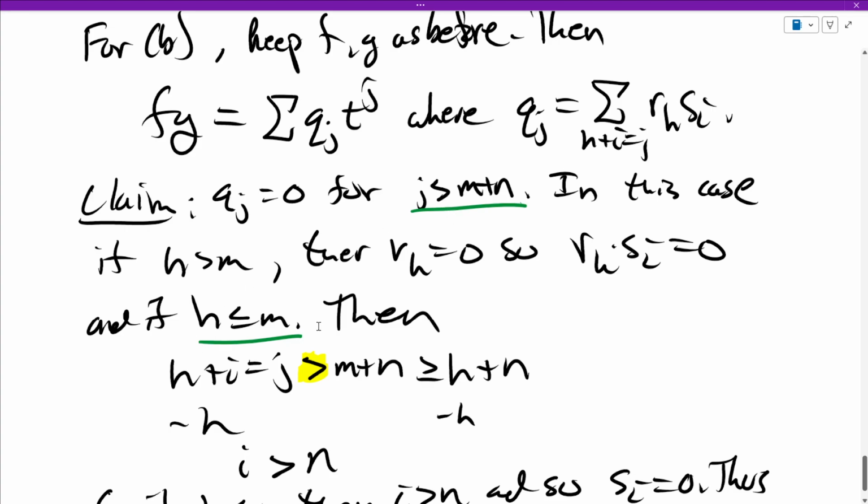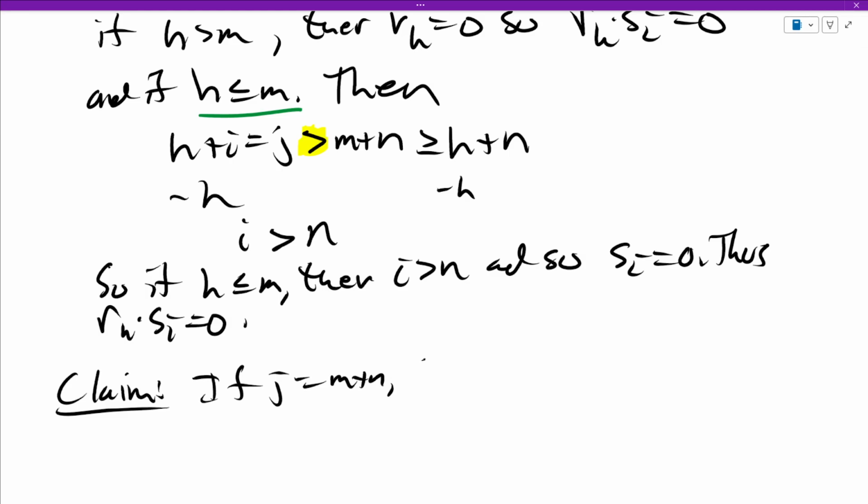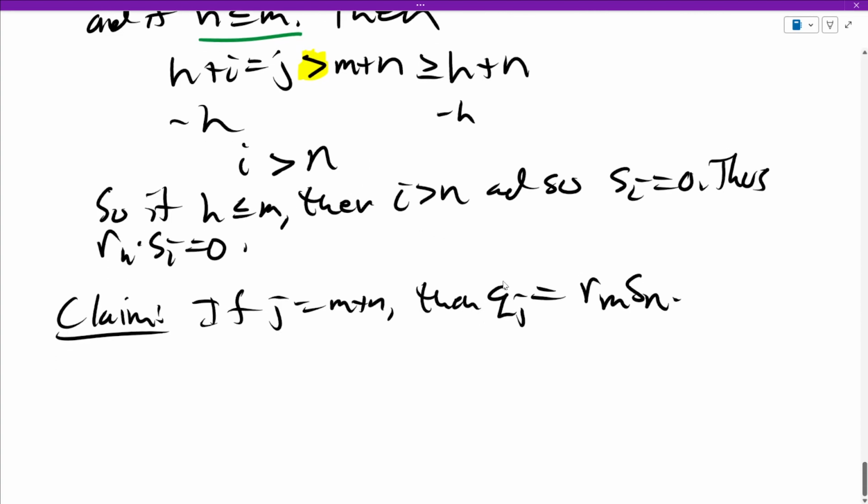Okay, so all this is saying is F times G doesn't have terms above the proposed right answer. All right, now let's show that if j equals m plus n, then Qj is equal to what we think it is. The product of the leading coefficients should be the leading coefficient of the product. So what do we know?